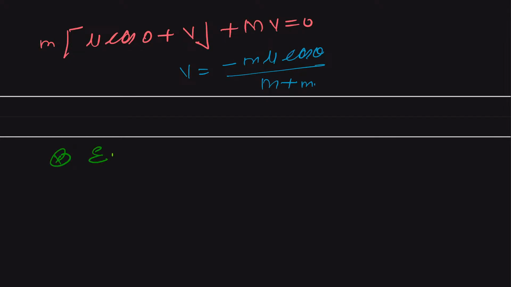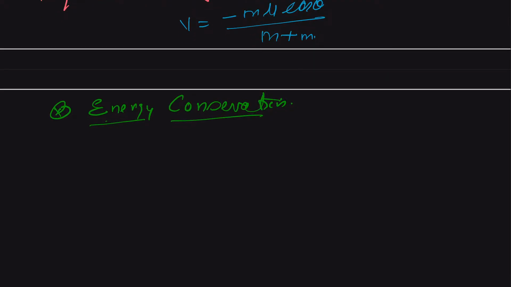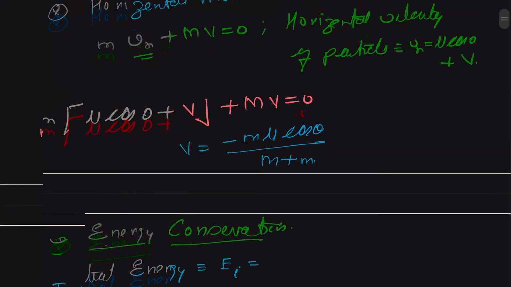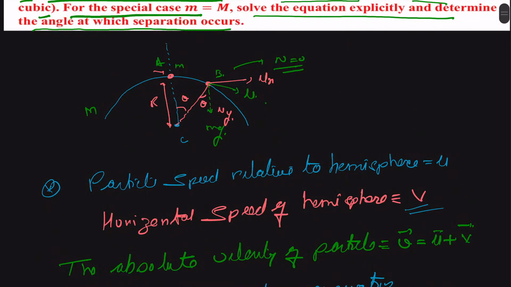You can say energy conservation. So in energy conservation, let us call this the initial energy, and denote it as E of I. Initially the particle was at position A at a height r.